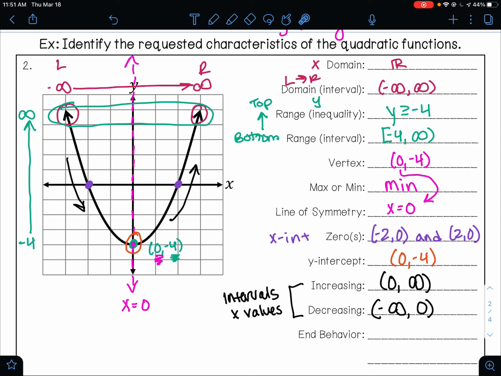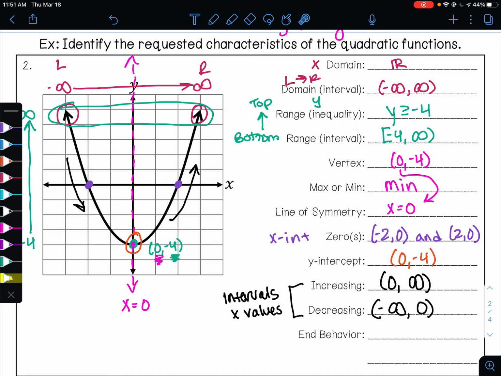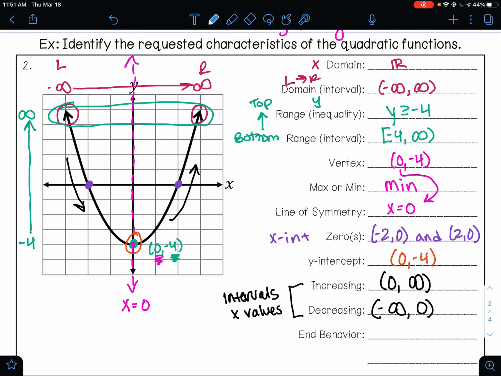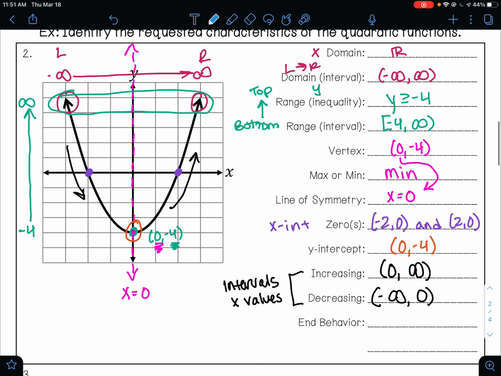The last characteristic that we're going to look at for this problem is end behavior. The notation for end behavior is as x approaches negative infinity, we want to figure out what y is doing. And as x approaches positive infinity, we want to figure out what y is doing.